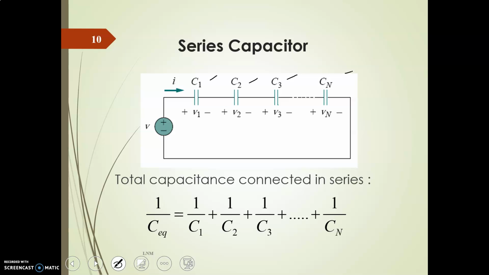Now you must calculate the total capacitance in series, so you calculate as you want to calculate the parallel of resistance. For example, here 1 over C equivalent equals 1 over C1 plus 1 over C2 plus 1 over C3, and so on. So for C equivalent, you must take 1 over C equivalent back. Same as the parallel concept of resistance for series capacitor.